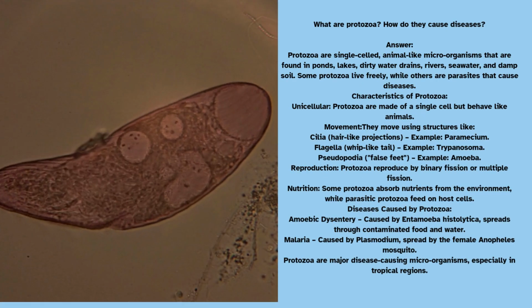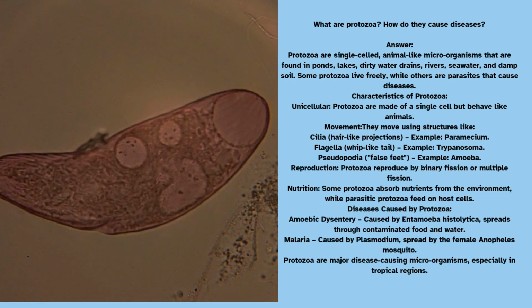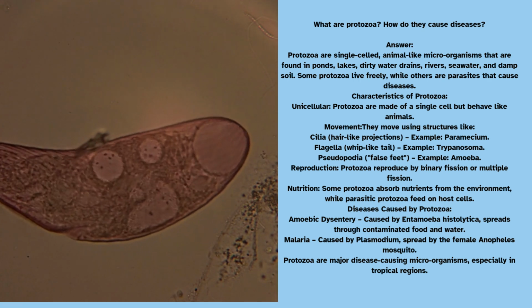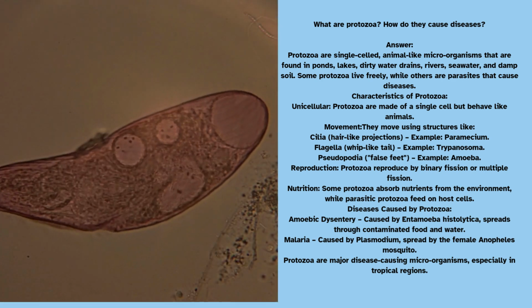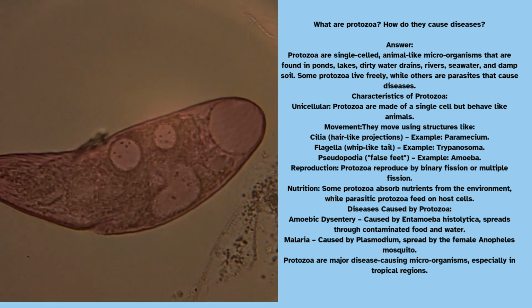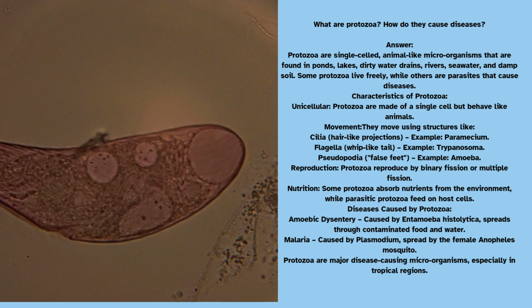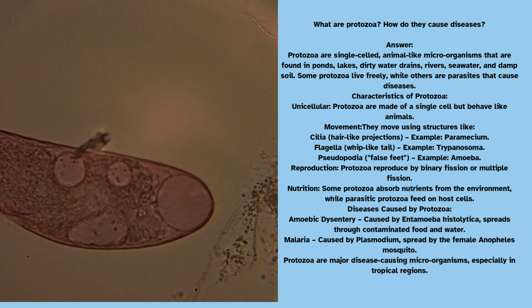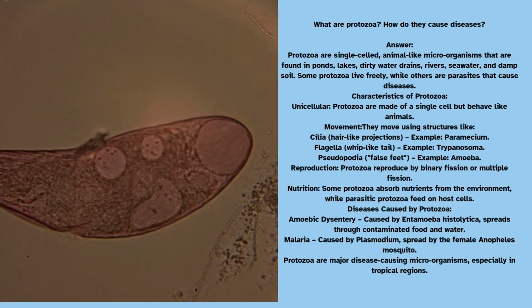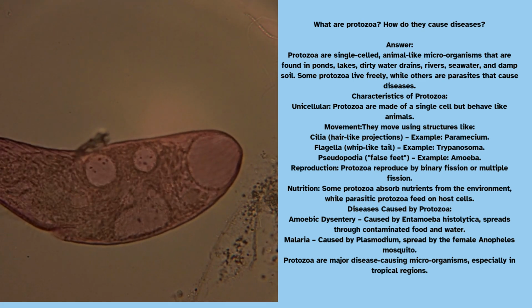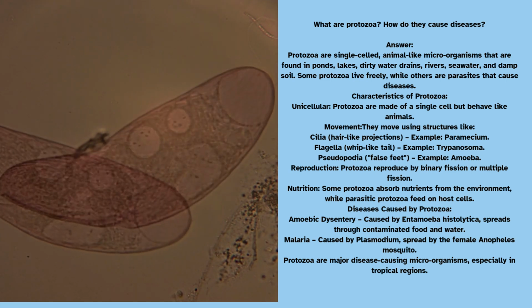Next is protozoa. They are single-cell, animal-like microorganisms that are found in ponds, lakes, dirty water, drains, rivers, and so on. Some live freely, while others are parasites that cause diseases. They are unicellular, made of a single cell only, and they move using structures like cilia, flagella, and pseudopodia.